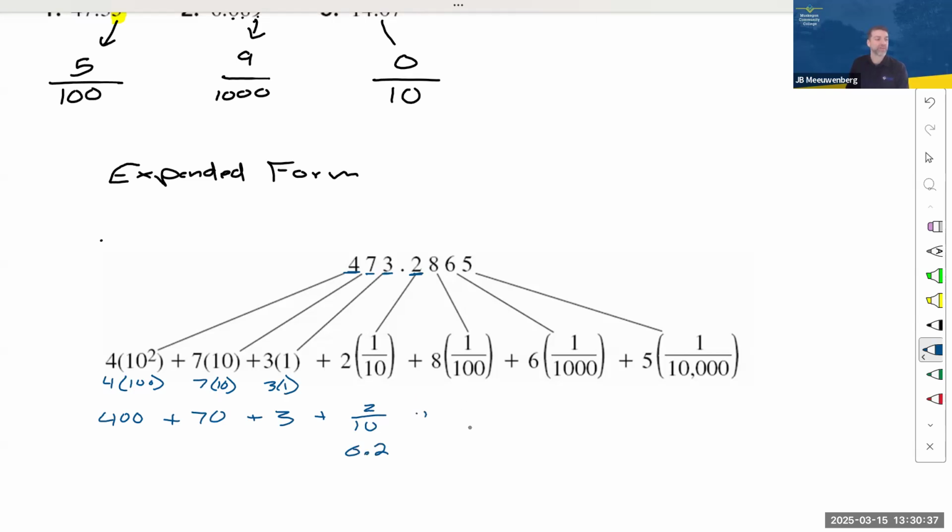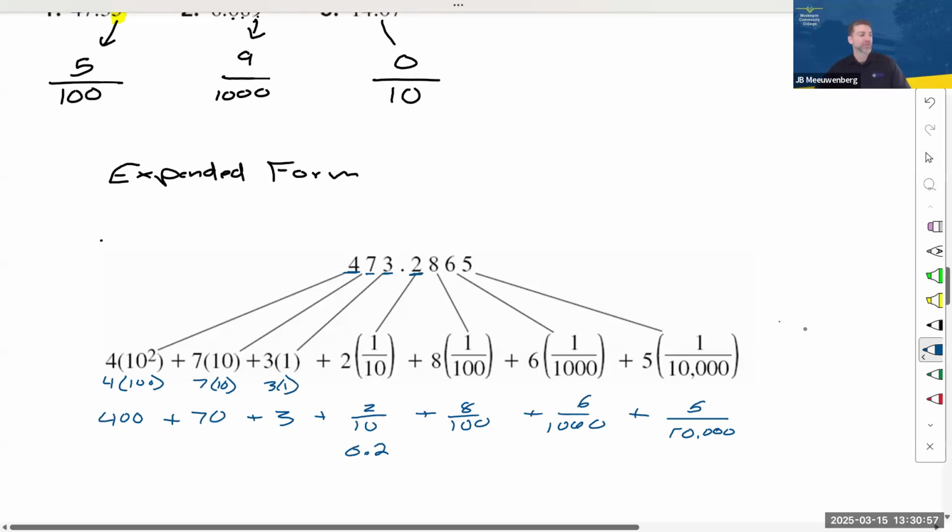The 8 has a value of 8 hundredths. The 6 has a value of 6 thousandths. Again, we're just combining the number plus its place value, 5 ten-thousandths. So that's this expanded form of the number.